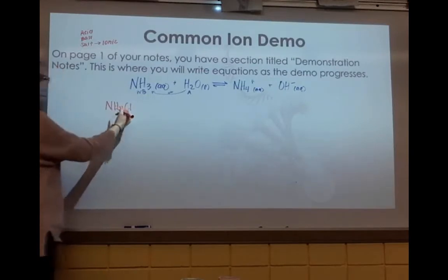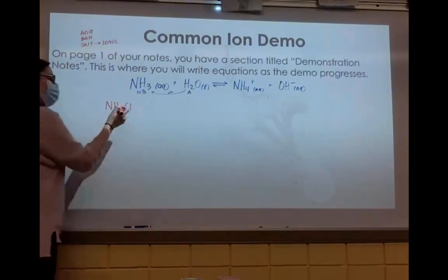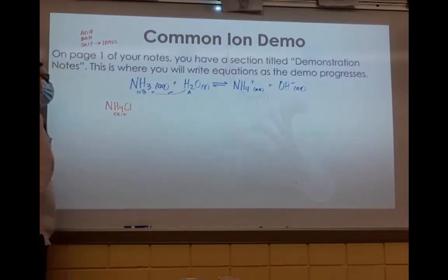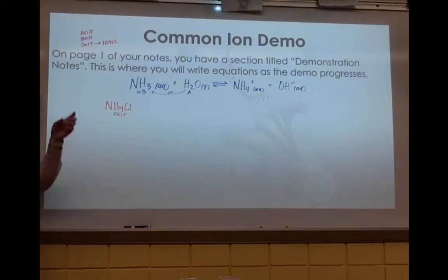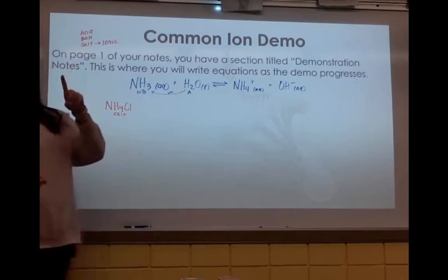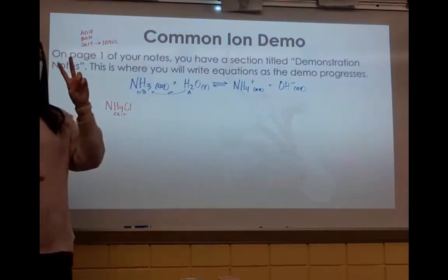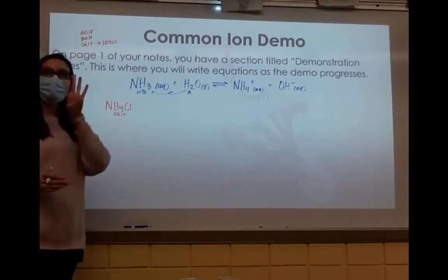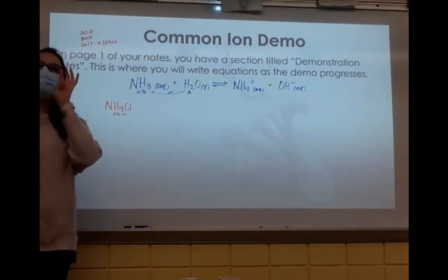NH4Cl, this is ammonium, which is a positive polyatomic ion, and chloride. This is a salt. Remember potassium, nitrate, ammonium, and sodium? Anything with potassium, K+, nitrate, NO3-, ammonium, NH4+, and sodium, Na+, is always soluble.